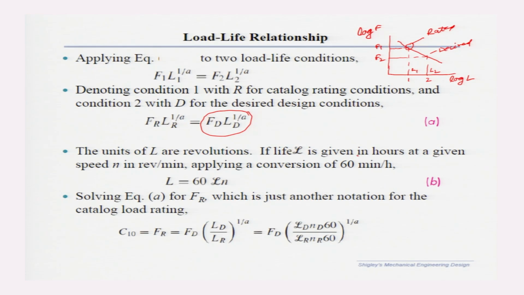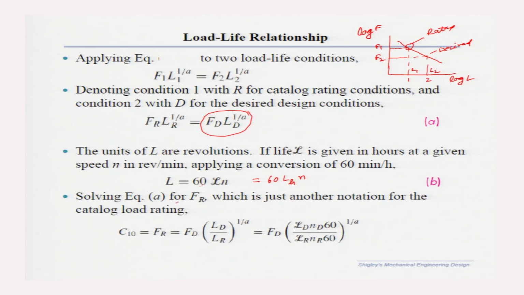If life L is given in hours at a given speed n in RPM, applying a conversion of 60 minutes per hour, this L will be given by 60 times L h n. This L h is life in hours. So you can write this equation as 60 life in hours and RPM. So revolution life is given in hours life.